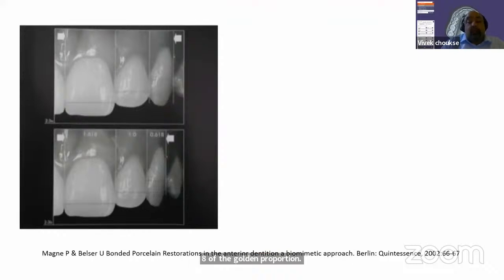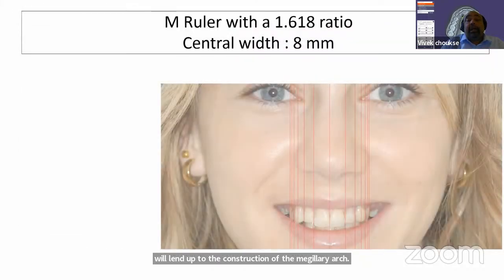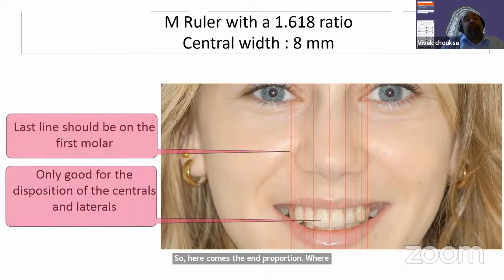As you can see in this photo, the golden proportion is being applied to the teeth through a computer. We can see there is a constriction of the arch if we apply the golden proportion to the teeth further than the central incisors. It will end up in constriction of the maxillary arch. So here comes the M proportion, where other factors, which differ from patient to patient, are considered, and for each individual patient there will be a different M proportion which would look good in every individual case.